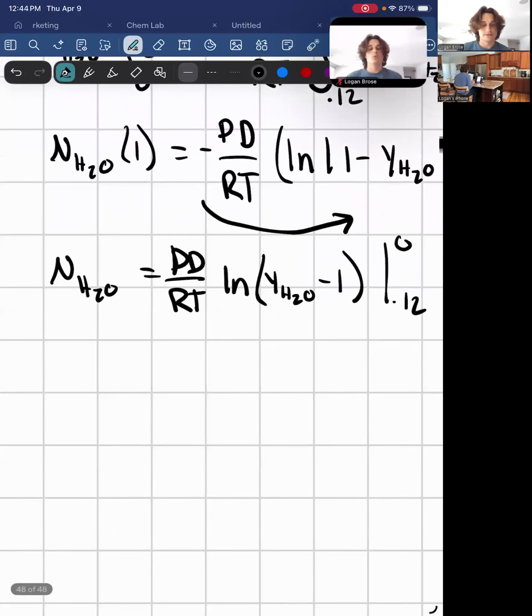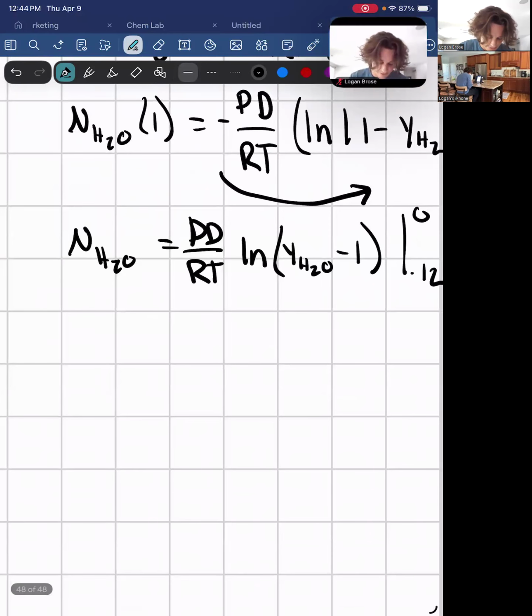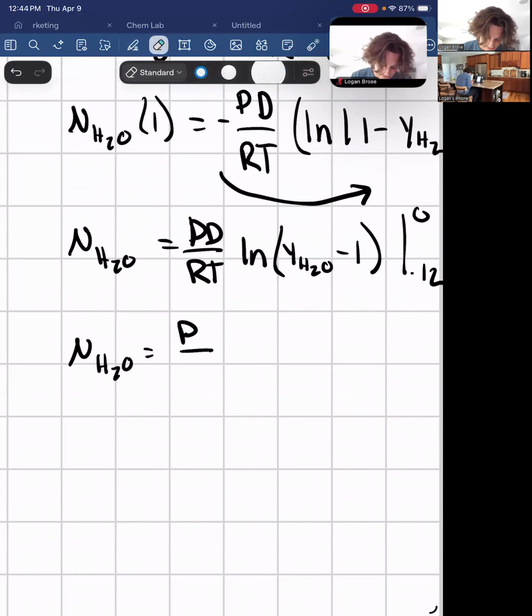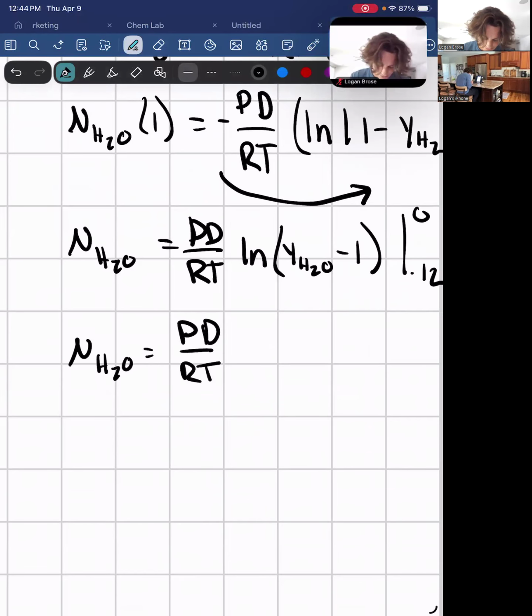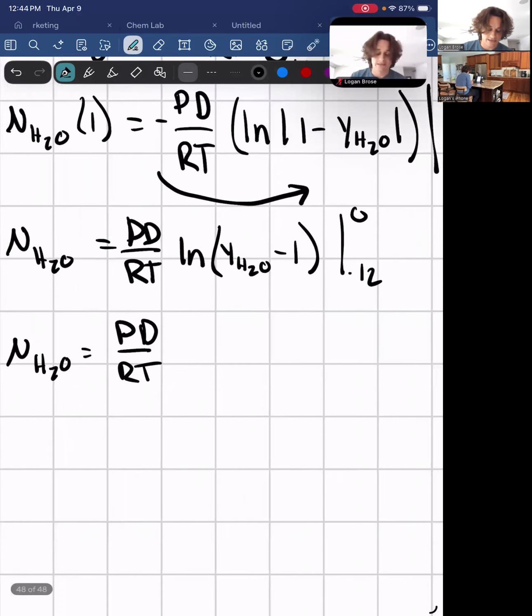So when we do this, I'm just going to calculate this, right? So this is NH2O equals PD over RT. And then when we evaluate this, it ends up being the natural log of 1 over 0.88.